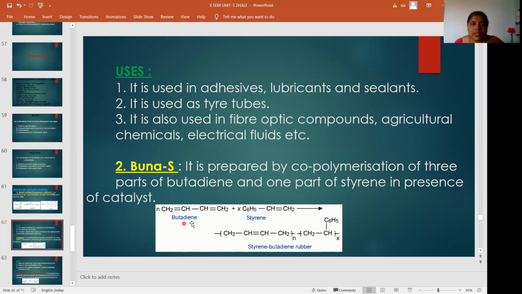Butadiene and styrene undergo copolymerization, and you get styrene butadiene rubber, or simply SBR. So the first rubber is prepared by copolymerization, and the second rubber is also prepared by copolymerization.